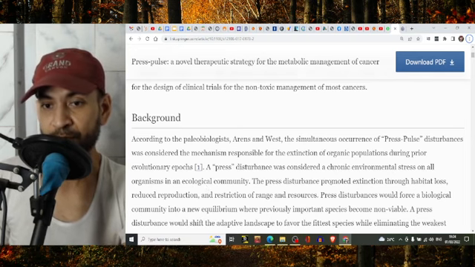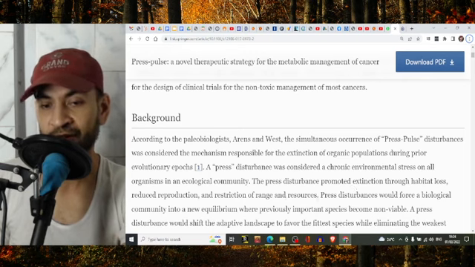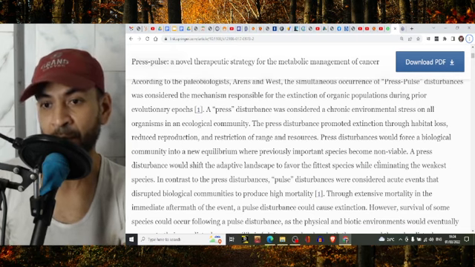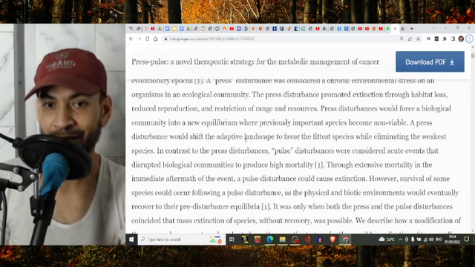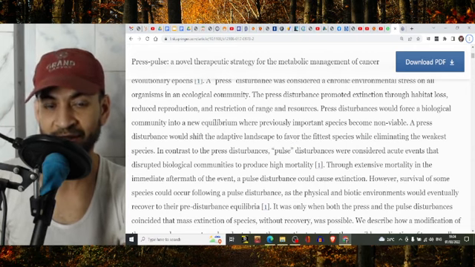The press disturbance promoted extinction through habitat loss, reduced reproduction, and restriction of range and resources. Press disturbances would force a biological community into a new equilibrium where previous important species become non-viable. A press disturbance would shift the adaptive landscape to favor the fittest species while eliminating the weakest species.